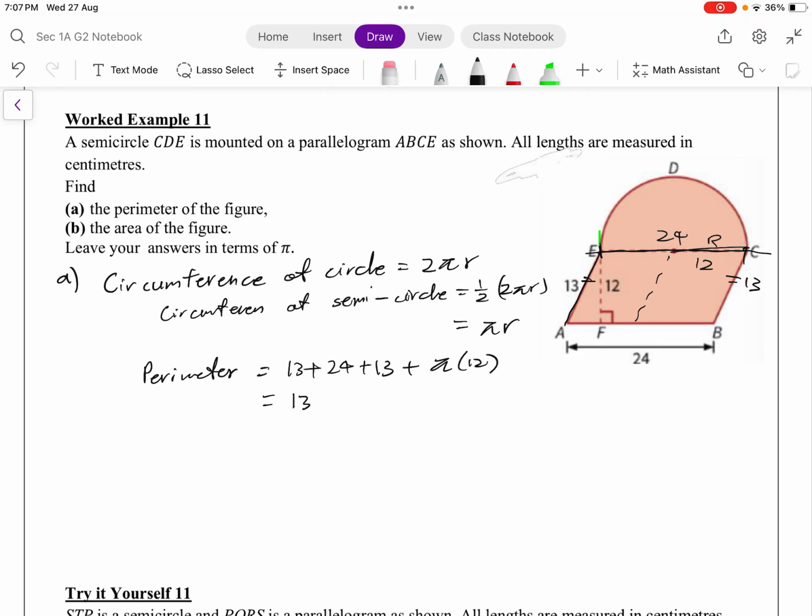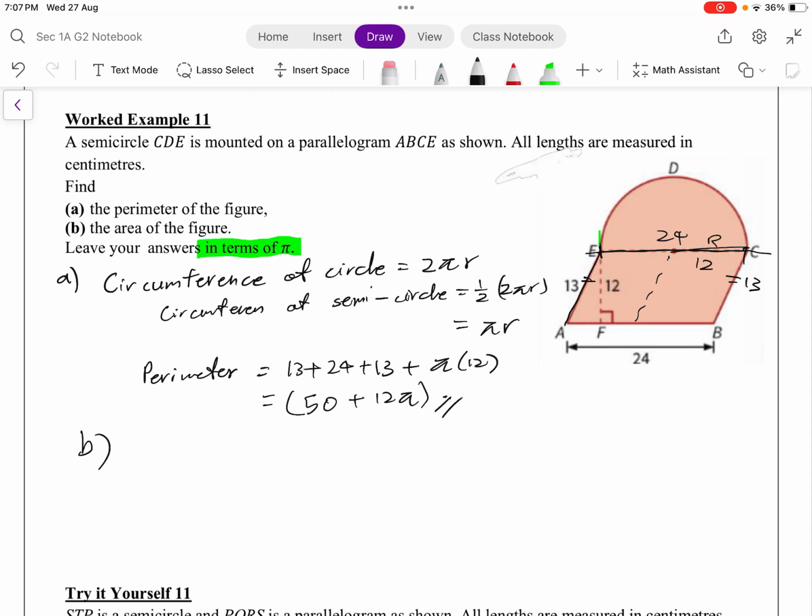Sum all together, this will be 50 plus 12 pi. In this case, this pi becomes like an algebraic term, but actually the value of pi is 3.142 something. It's not an algebraic term, just a symbol that represents the true value of pi. They say leave your answers in terms of pi, so we don't need to sub in 3.142. This is our answer.